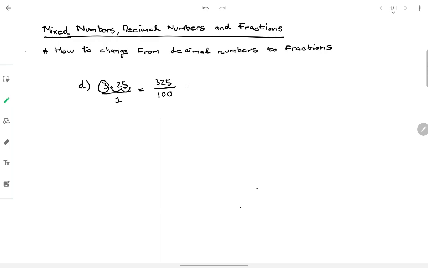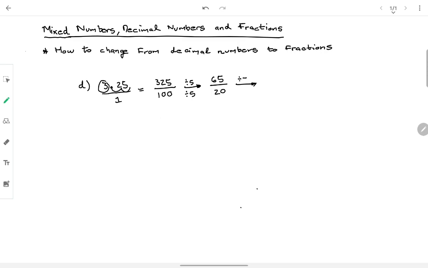So we need to simplify it. We can divide by 5 and by 5. That will give us 20 here, and on the top part it will give us 65. We can also divide this by 5.